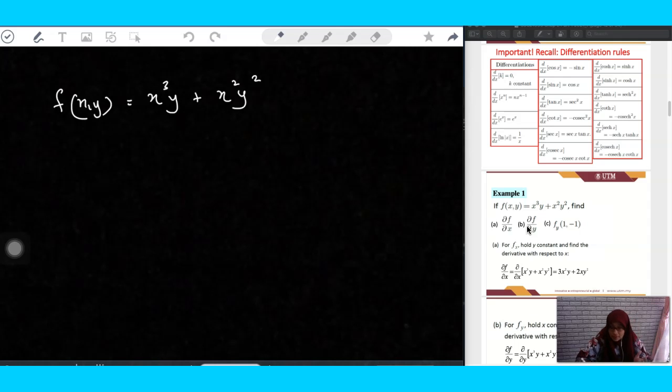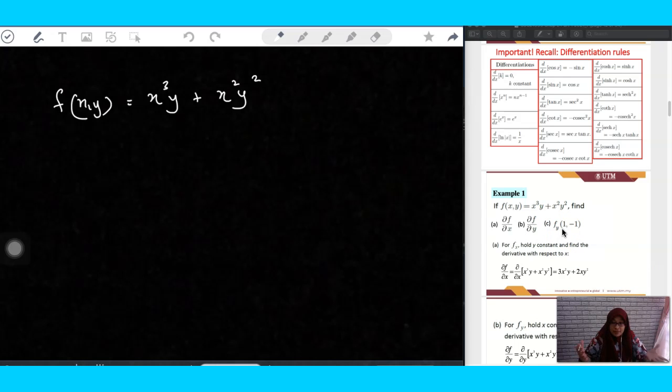So the first example, we have f of x, y given by x cubed y plus x squared y squared. If you look here, we focus on the two-variable function first.